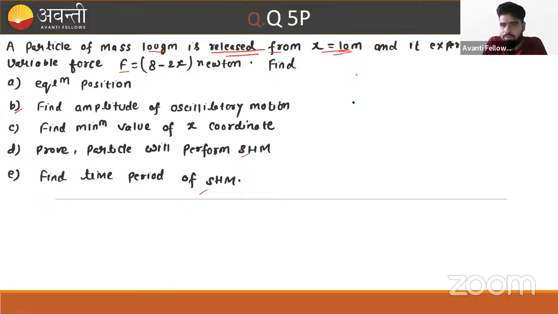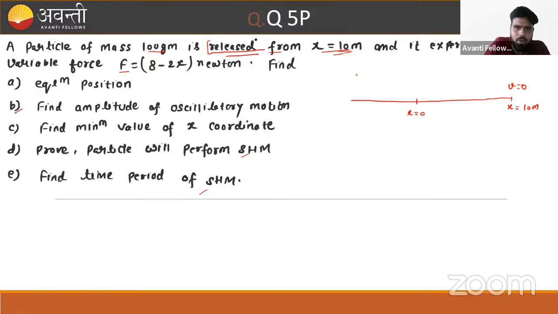So let's draw a simple line where we can show our particle, because the particle is moving in the x direction. Suppose this point is x equal to 0, and the particle is released from x equal to 10 meter. It means at this point the speed of the particle is 0. Are you guys agree with me? Why am I choosing speed equal to 0 at x equal to 10 meter?